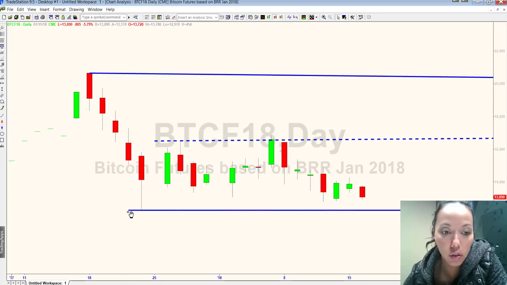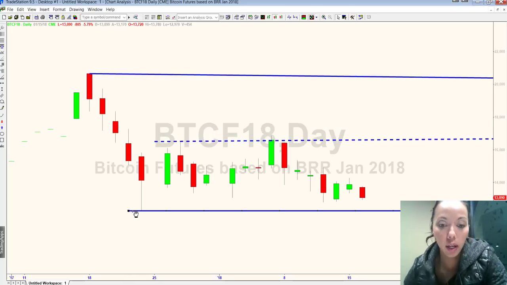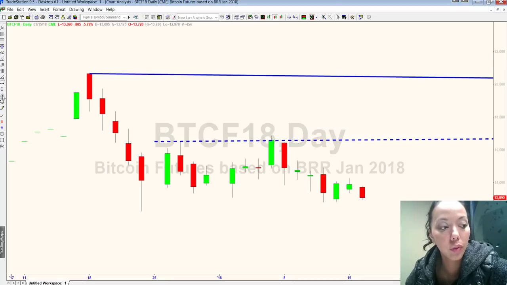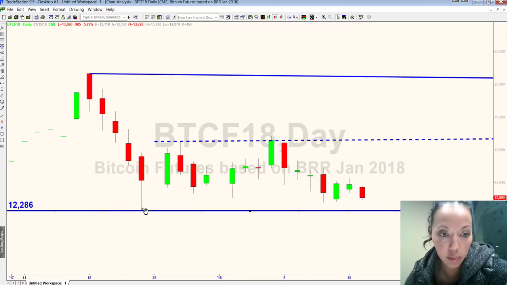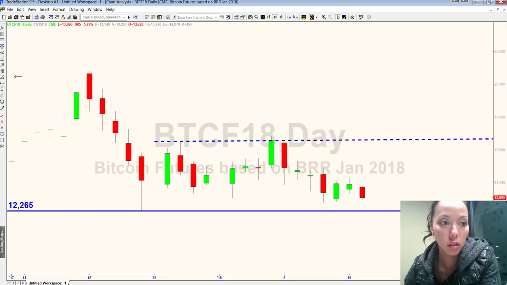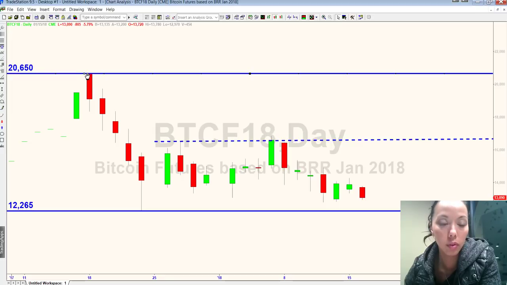So, key point. I'll go ahead and get the price up here. I'm gonna snap this into place. When you snap it, you get an exact price. That's $12,265. And on the top, price trading is $20,650.